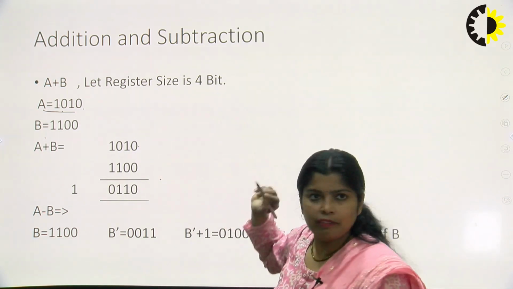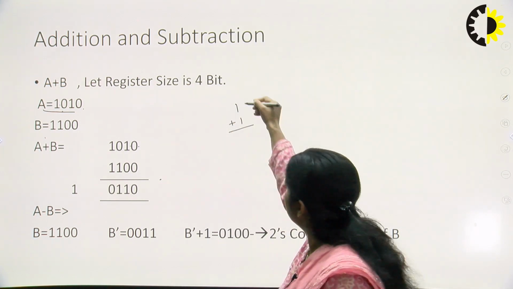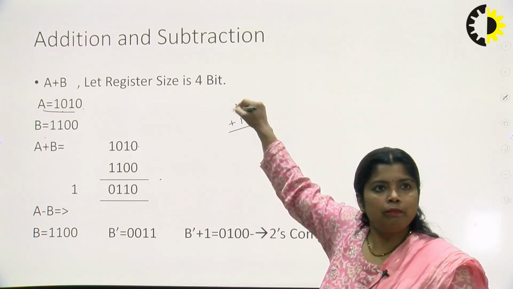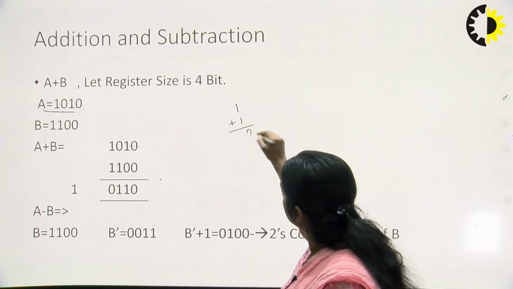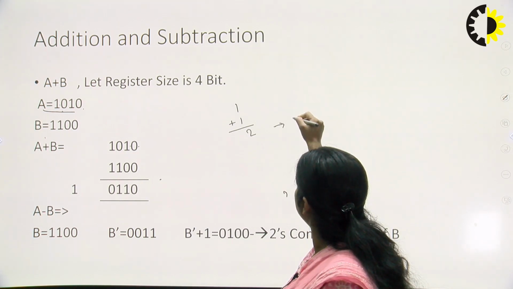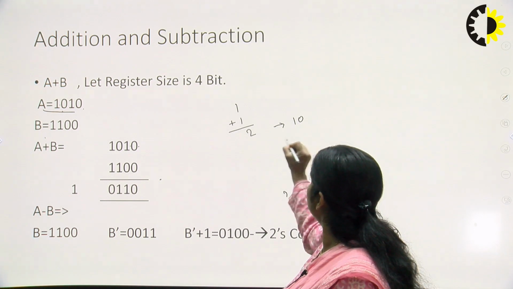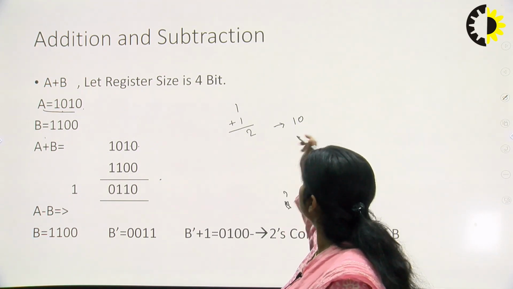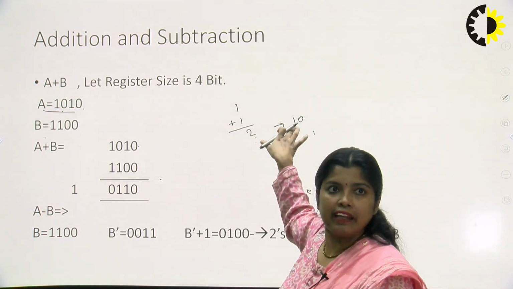And if I am adding 1 plus 1, that is actually 2. This 2 can be represented as 1, 0, where the 0 stays here, and the carry will be 1.